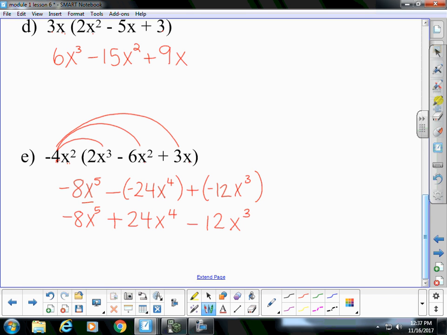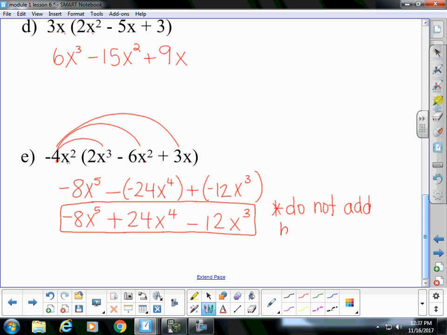And that's the final answer for that one. Now these ones all have x's, but because they have different powers, you just leave it alone. Don't add them up. Okay, so do not add because the powers are different.